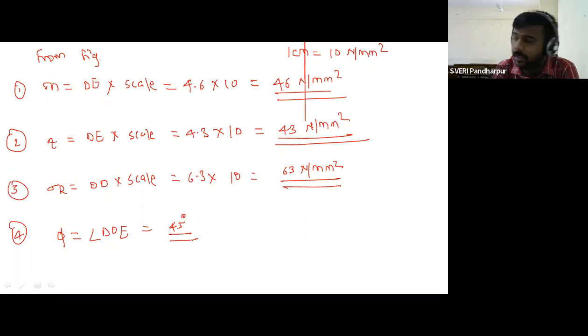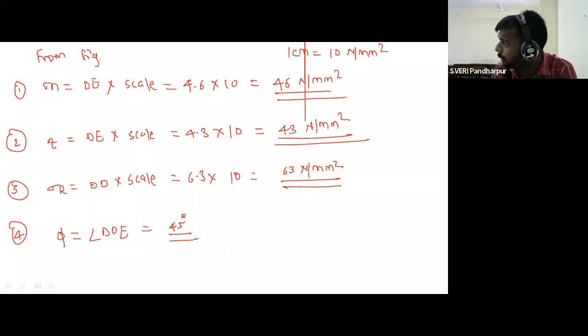If you are doing the theoretical calculation, maybe your sigma n will come 45 or 45 point something, then your sigma t will be near about 42 point something or sometimes exactly 43. And if you take its resultant, how much will it come? 63. So your analytical answers and your graphical answers will be different, please keep in mind, but both answers should be near to each other.